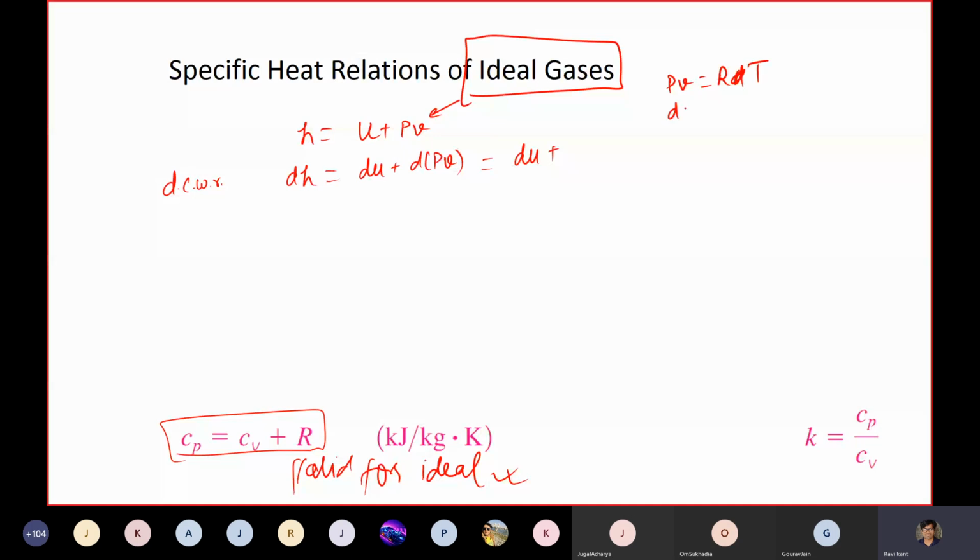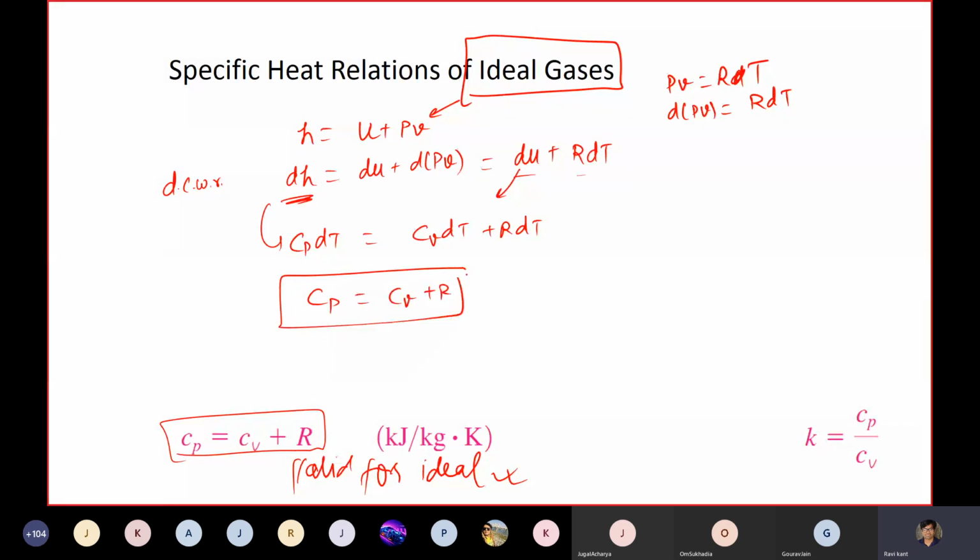So I can write du plus R dT, right? And now this H can be written as Cp dT, and this U can be written as Cv dT plus R dT. And now dT can be cancelled, so Cp is equal to Cv plus R. So this formula comes from the enthalpy and ideal gas relations. Nothing new here. And units are in kilojoule per kg Kelvin.